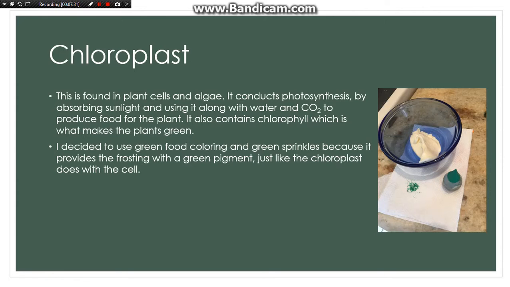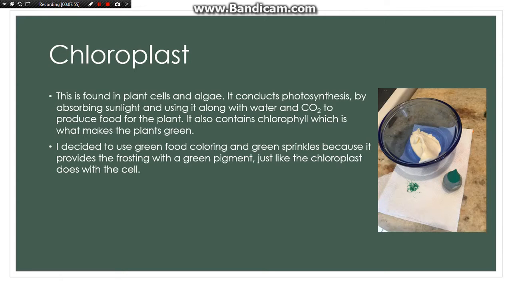Chloroplast. So what I decided to use for chloroplast is green food coloring and some green sprinkles, and this is frosting, because the green sprinkles and food coloring provide the frosting with a green pigment, just like the chloroplast does for the plant cells.